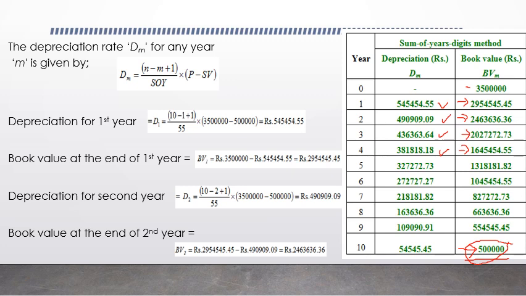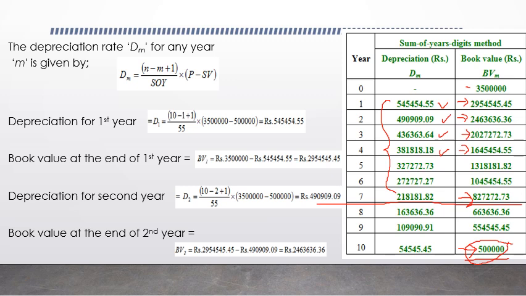So I can answer any question now. What is the book value at the end of 7th year? 8,27,272 rupees. What is the total depreciation fund till 7th year? Add all these values, that will be the depreciation fund at the end of 7th year.